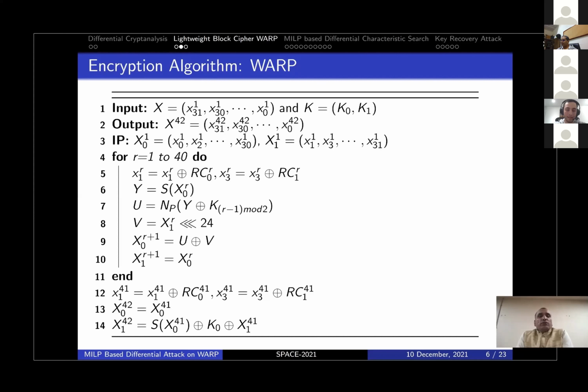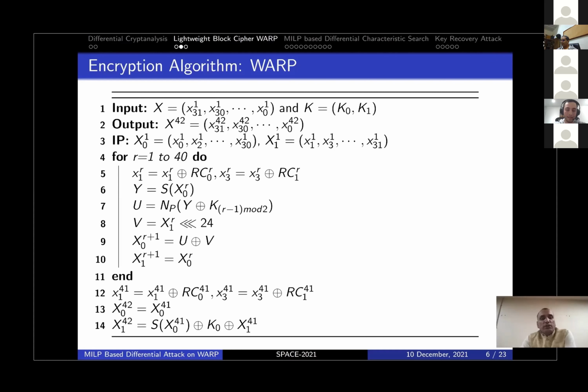This initial permutation is used to get two 64-bit halves. Then 40 rounds are applied, where round constants are XORed with two nibbles in X1. Then the S-box is applied on the 16 nibbles in X0.